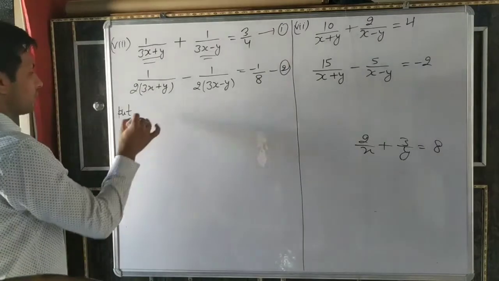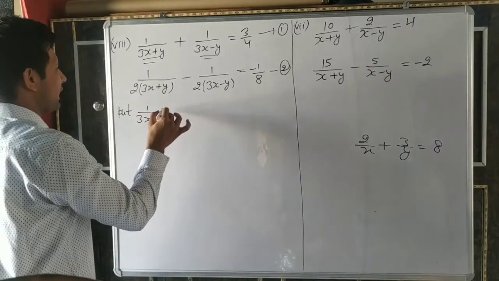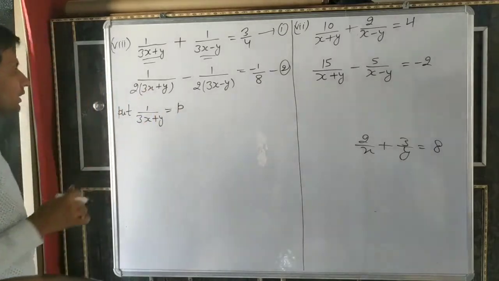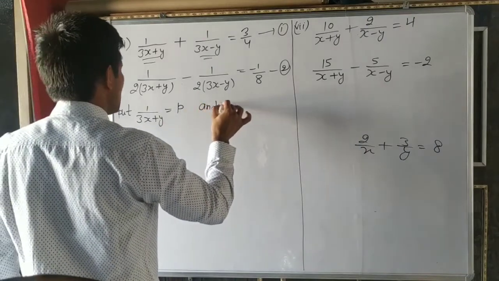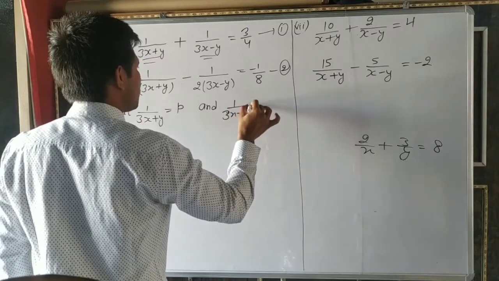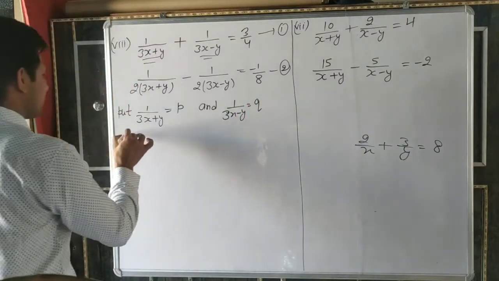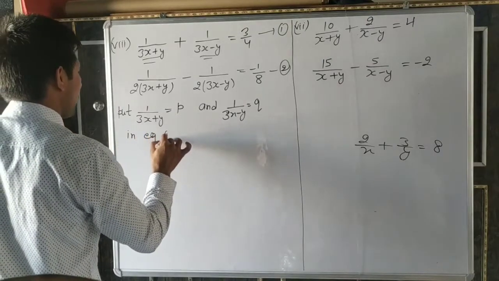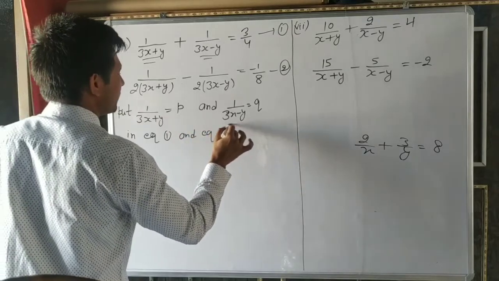So put 1 upon 3x plus y equal to p and 1 upon 3x minus y equal to q in equation 1 and equation 2.